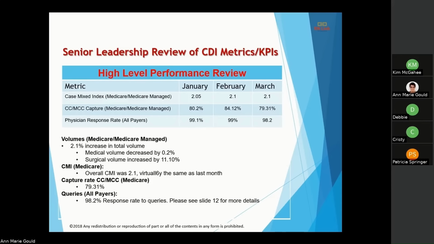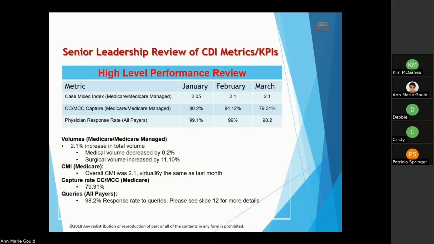So they're looking at everything. For January, February, and March, you can see the CMI did go up and it stayed the same between February and March. The MCC capture rate went up in February, but dropped a little bit in March. And they want to know the physician response rate at this facility.